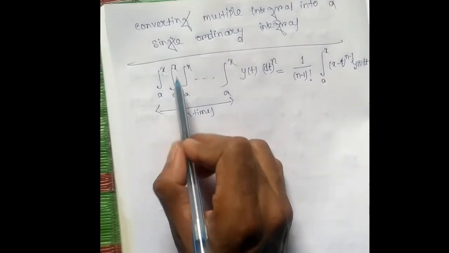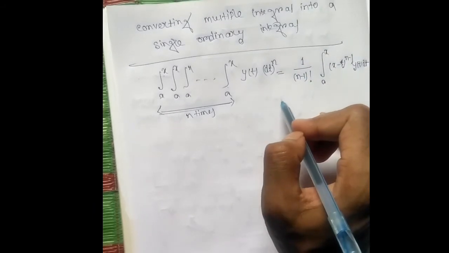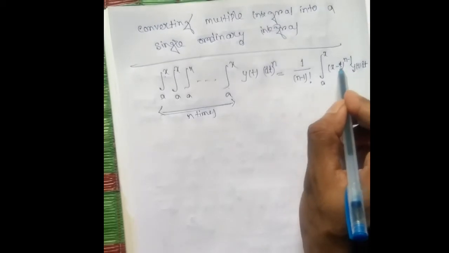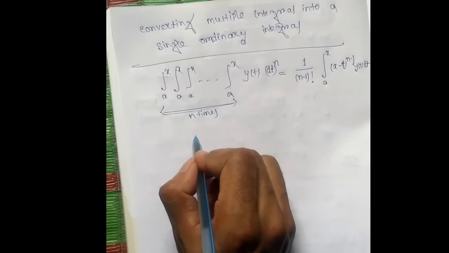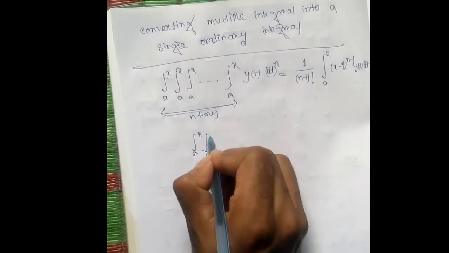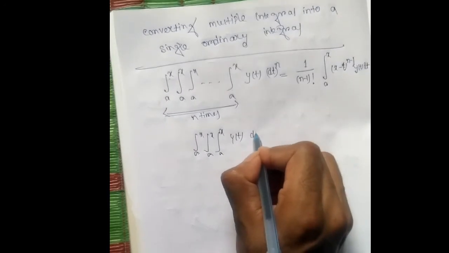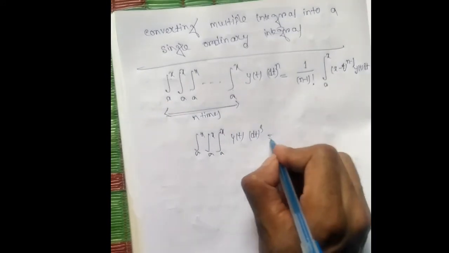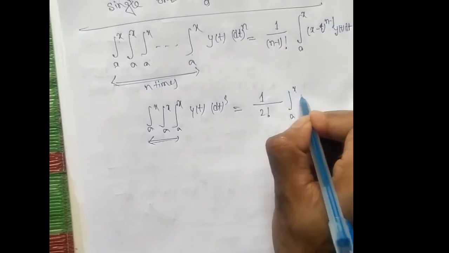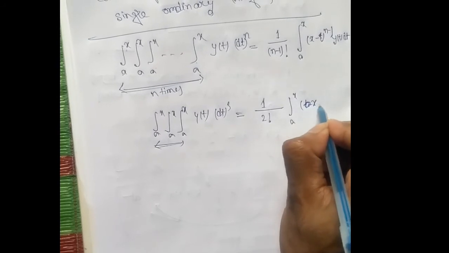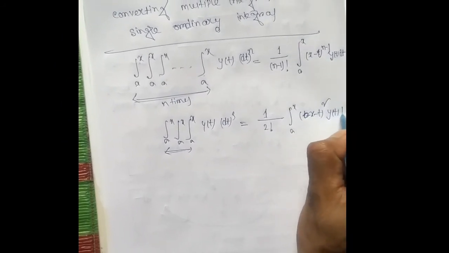Integration from a to x n times, then this is 1 by (n minus 1) factorial integration over a to x (x minus t) to the power n minus 1 y(t) dt. For example, if we take y(t) this, so this is 1 by 2 factorial integration over a to x (x minus t) squared y(t) dt.